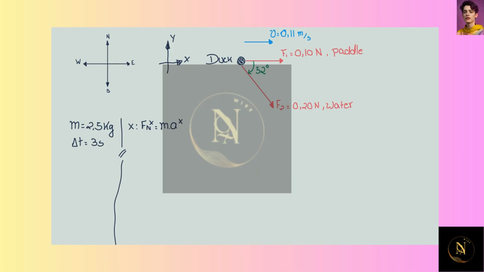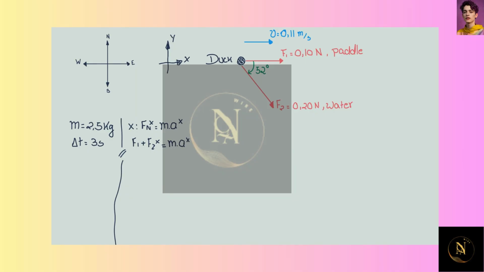The net force that acts on the duck in the x direction is composed of two forces, F1, which points to the positive direction, and the x component of F2, which also points to the positive x direction. And this is equal to the mass of the duck times its acceleration.